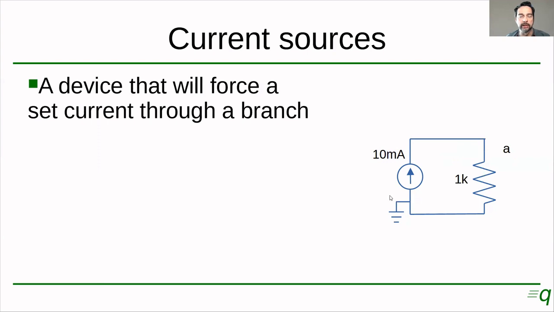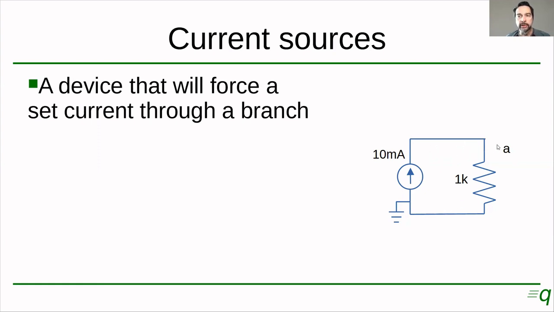A positive side and a negative side, and whatever voltage the voltage source was. Now, here we have something different. This symbol here is the symbol for a current source, and the value is 10 milliamps. So this current source is pushing 10 milliamps through this circuit, like this.